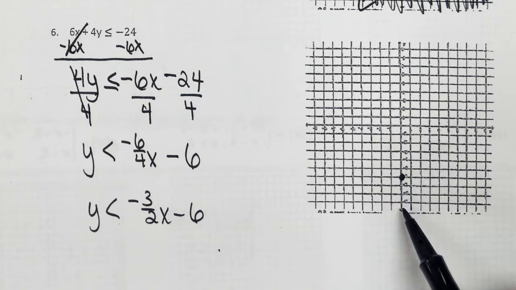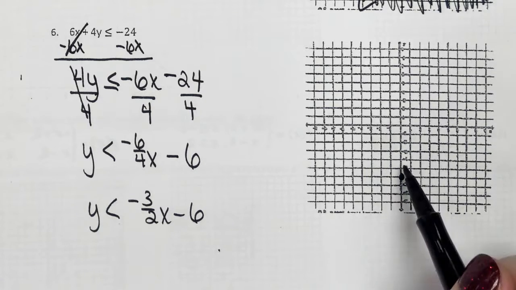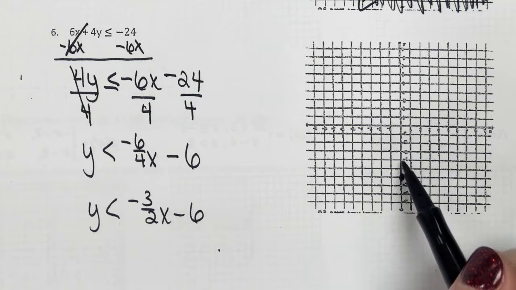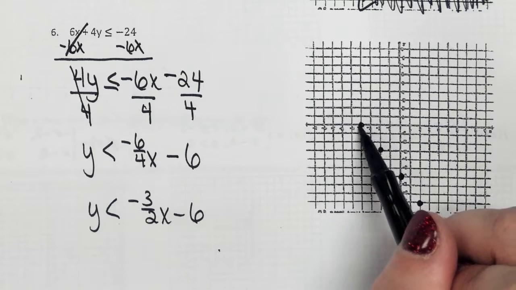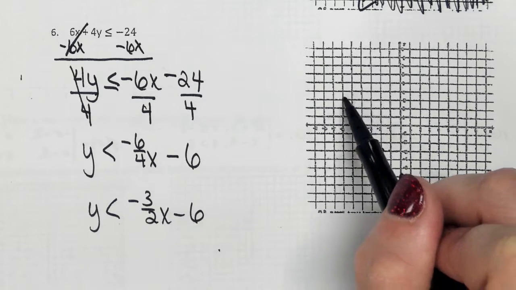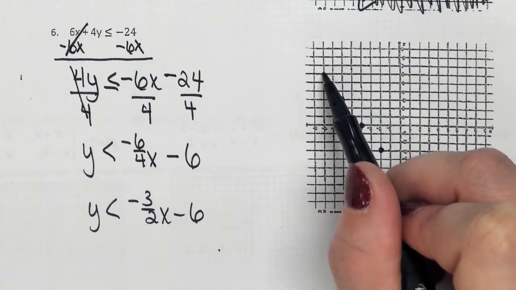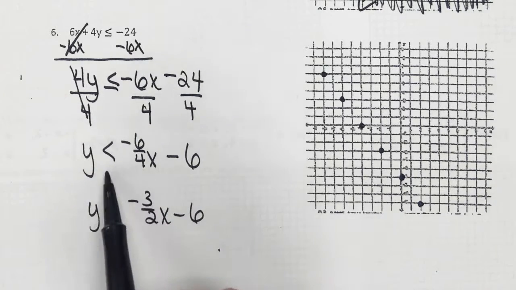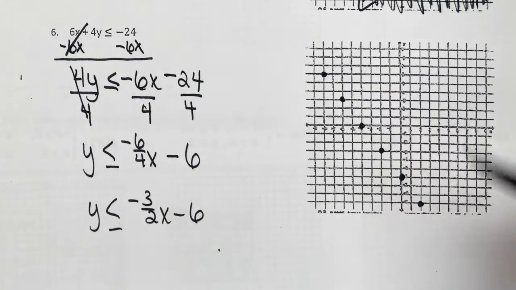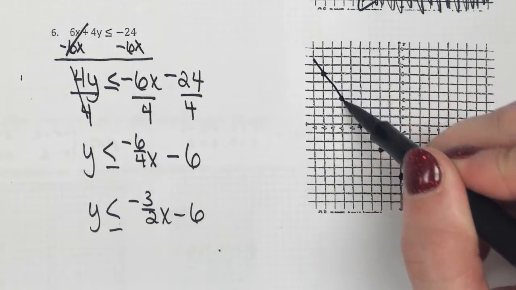And then my slope is down 3 and right 2, or up 3 and left 2. Oh gosh, I forgot my equal to. Sorry. So that makes it a solid line.